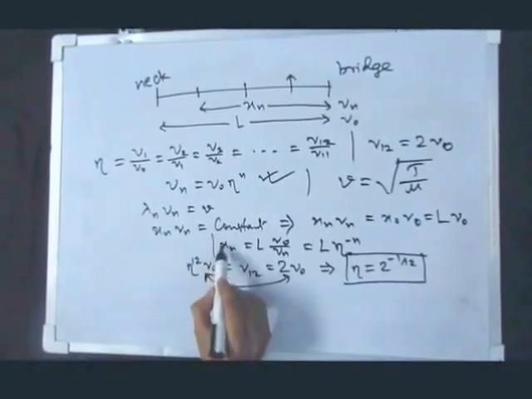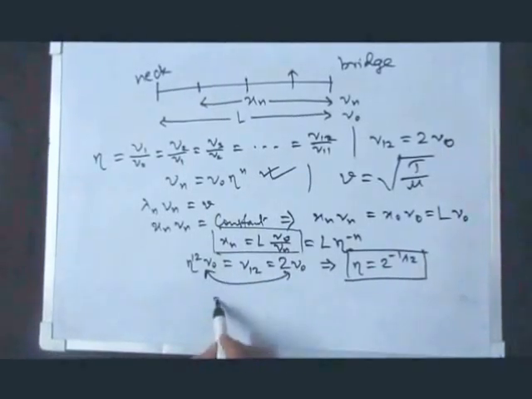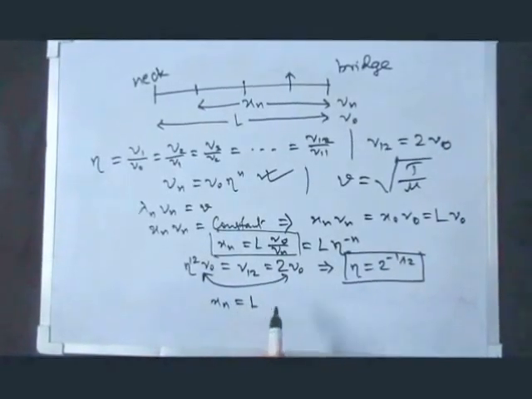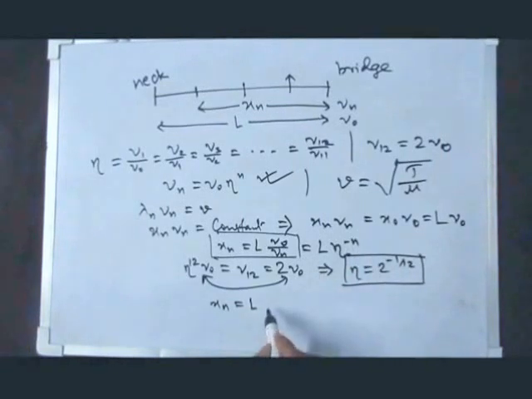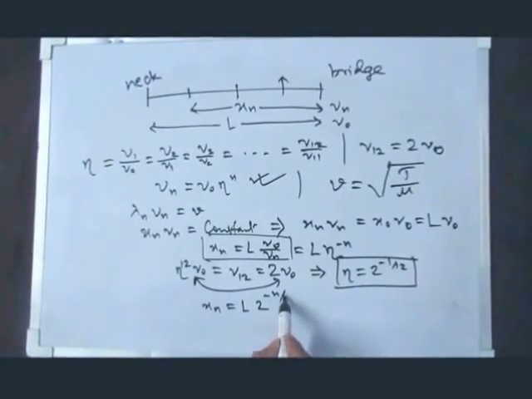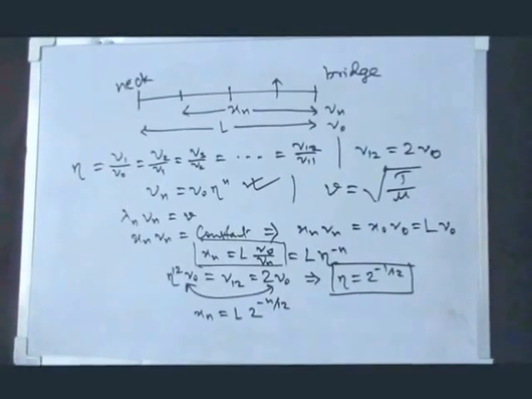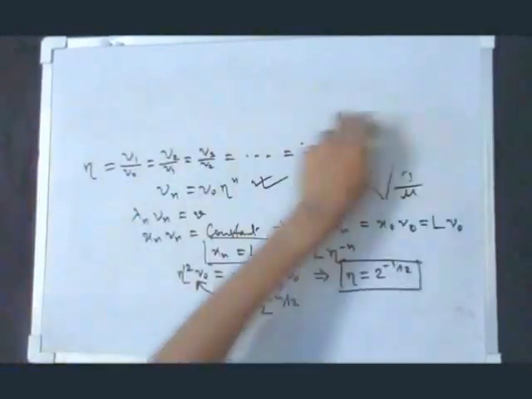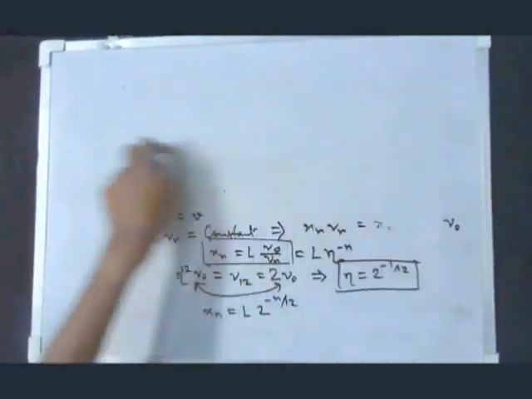Now we use this relation, xn equals L times eta to the minus n, which gives me xn equals L times 2 to the minus n by 12. Now our job is almost done. Erase this a little. Now we just need to find the difference between two consecutive frets.